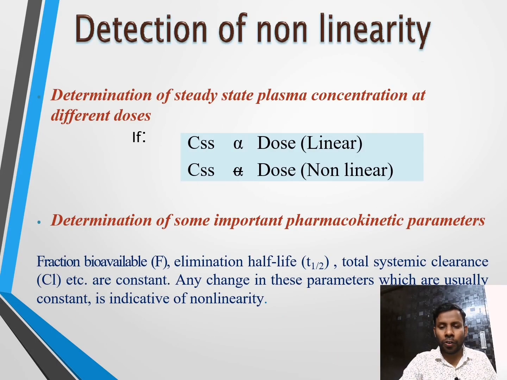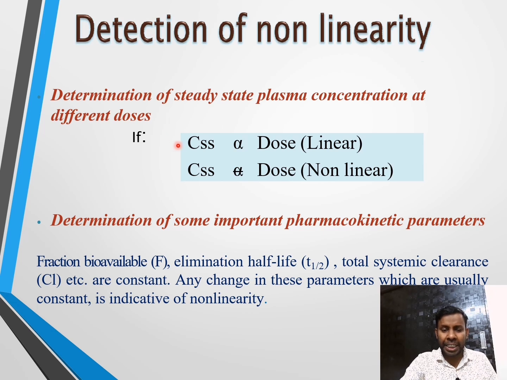Detection of non-linearity. Non-linearity can be detected in two ways. Number one, determination of steady-state plasma concentration at different doses. Number two, determination of some important pharmacokinetic parameters like F, T half, Cl. So first is determination of steady-state plasma concentration at different doses.